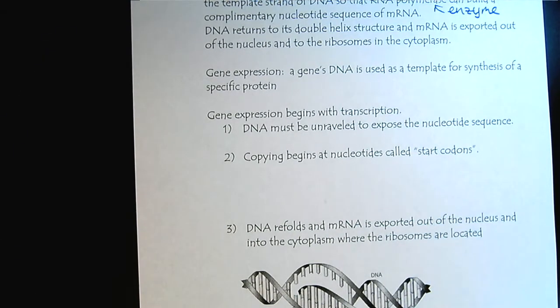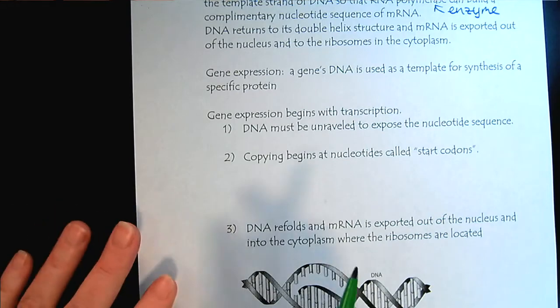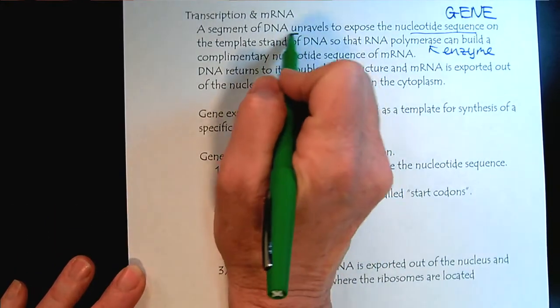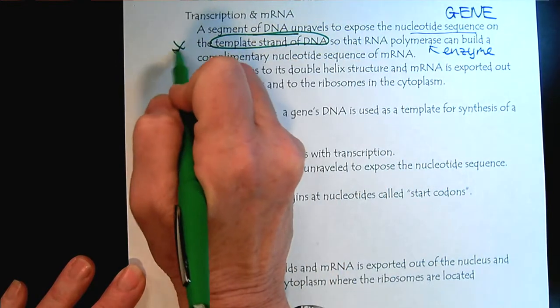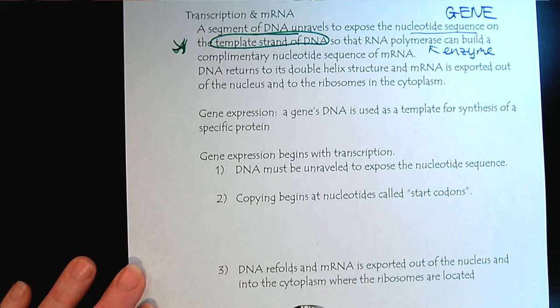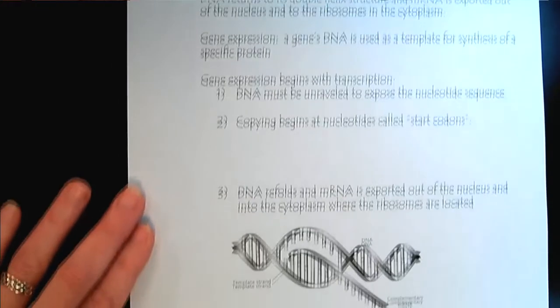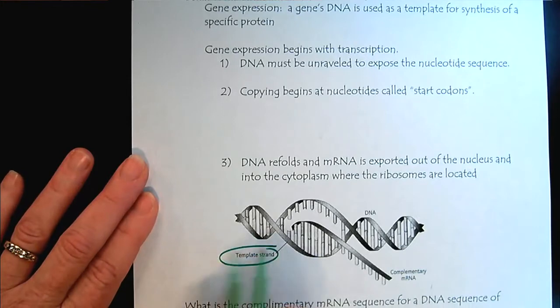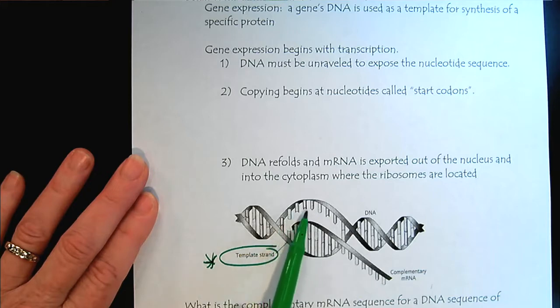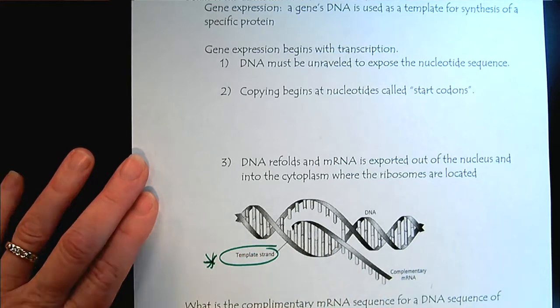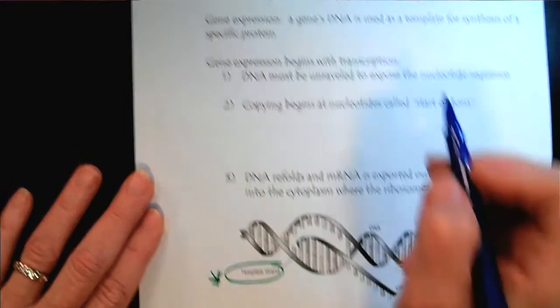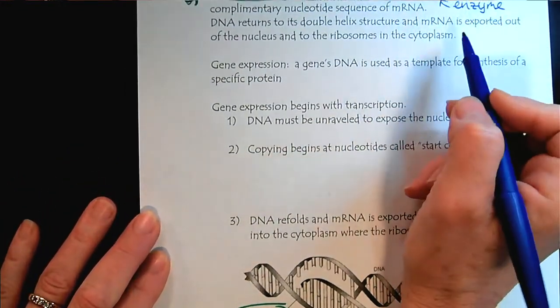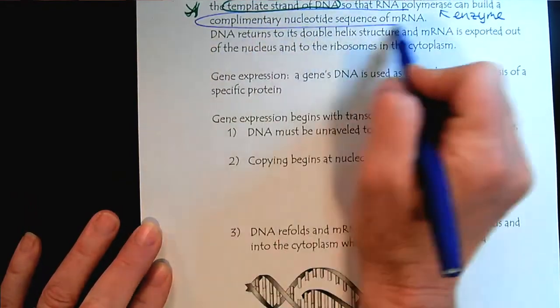All right, so let's look here. The whole idea of the template strand of DNA is really important. Let's look down here at our diagram, and here we see the template strand of DNA. It has unraveled, and then the RNA polymerase comes in to create the complementary strand of RNA, which is right there.